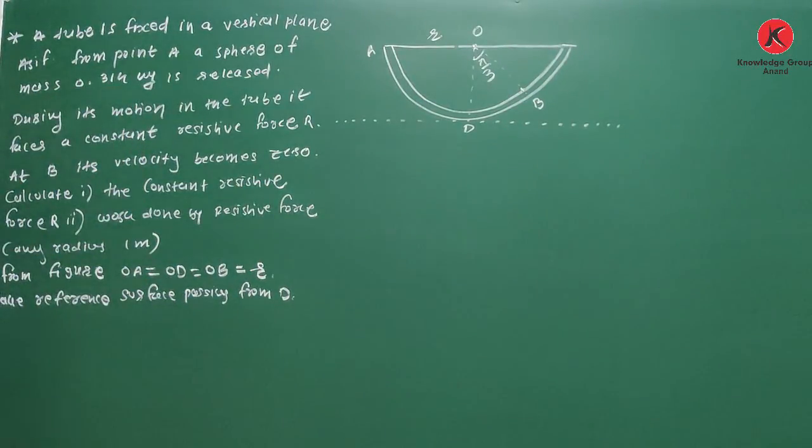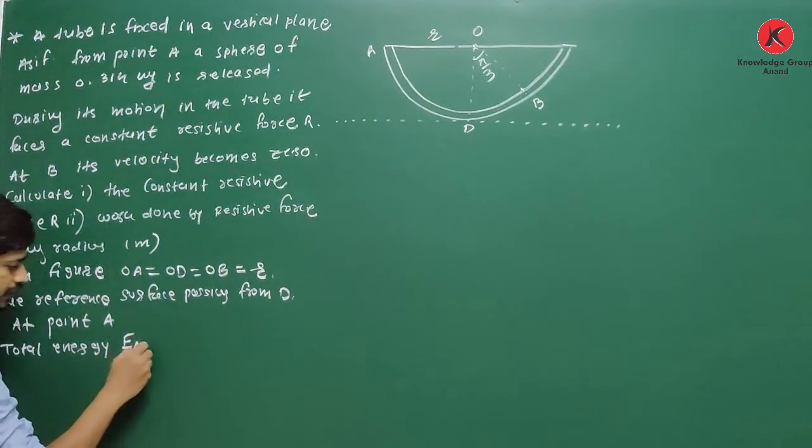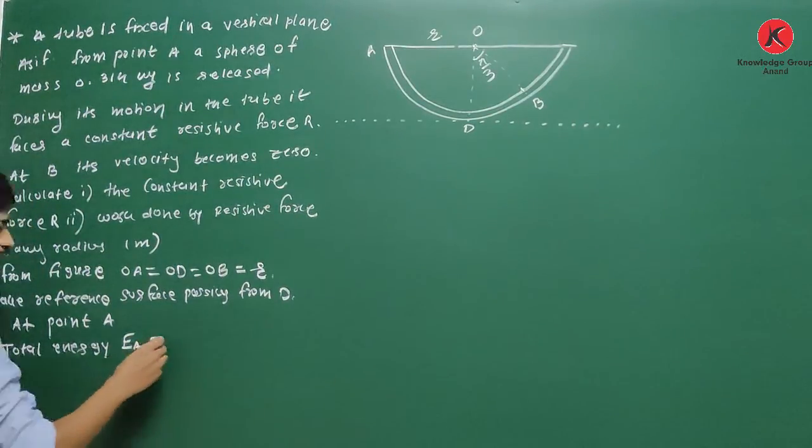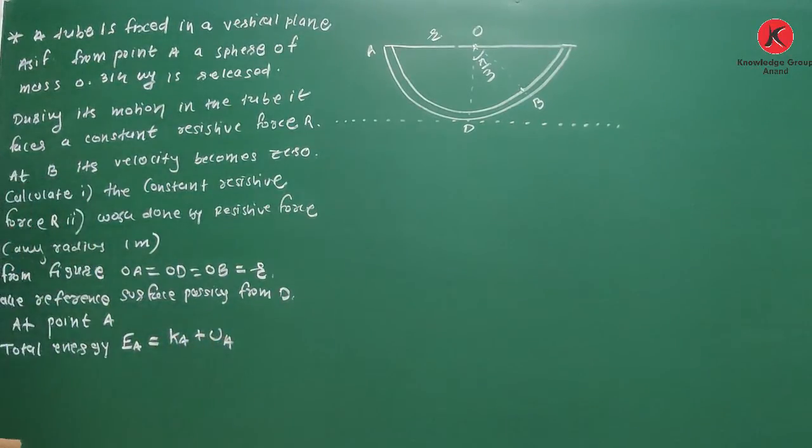Now I will find total energy at point A. EA is equal to kinetic energy plus potential energy. Yes or no?